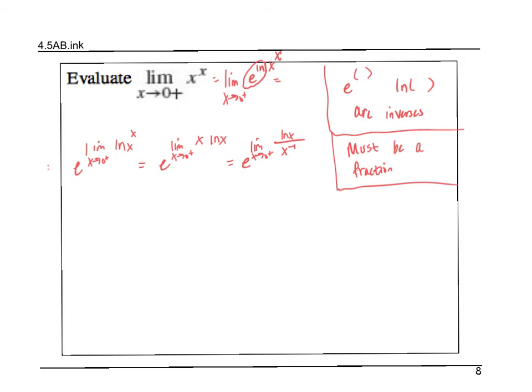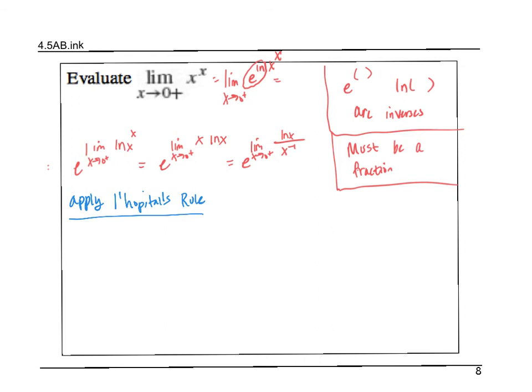Okay. So now that I have this fraction and I know I have my indeterminate form, now I get to apply L'Hopital's rule. Right, in both cases of these functions, numerator and denominator, I have an infinite discontinuity.